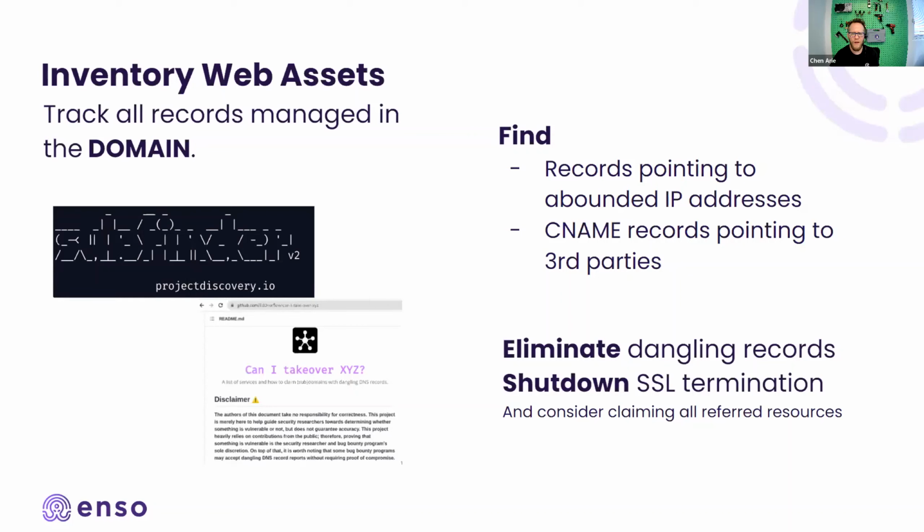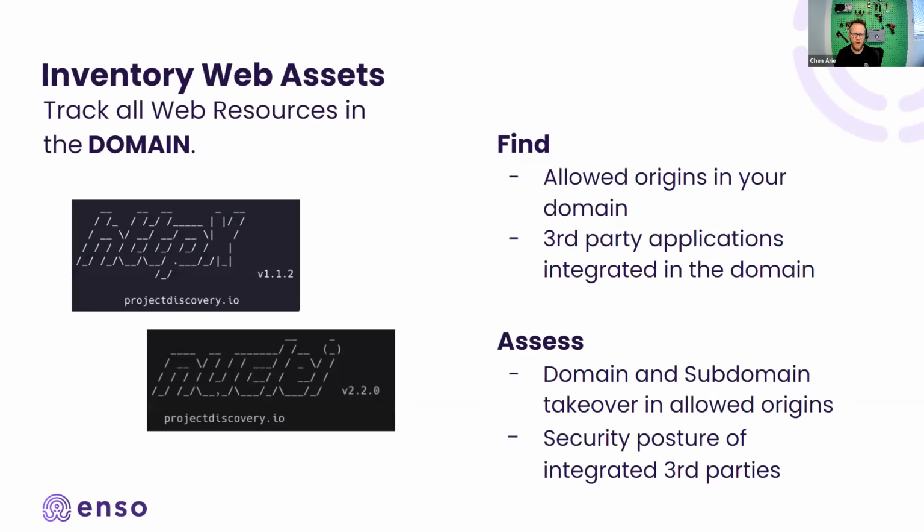You need to find IP records and CNAME records, and eliminate dangling records, shadow and SSL termination for sources that you don't want, and consider claiming the referred resources. So those S3 buckets that are pointed to by those records, claim them so no one else could. Then you need to follow up by doing the same things, but to find servers, web hosts, servers that host web applications.